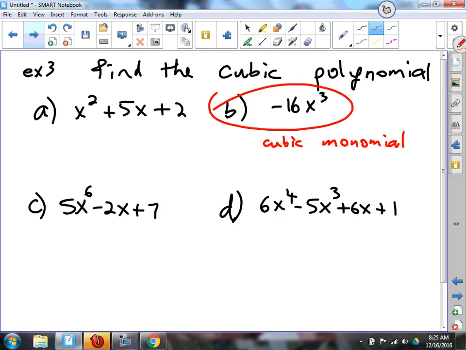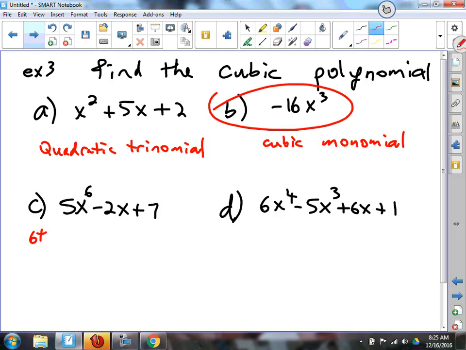Okay? If we were to name these all right, what's example 3a? What would we name that based on name by degree and the number of terms? What's number A called? It's got 3 terms, number A. It's a quadratic. Trinomial, right? And what about number C?